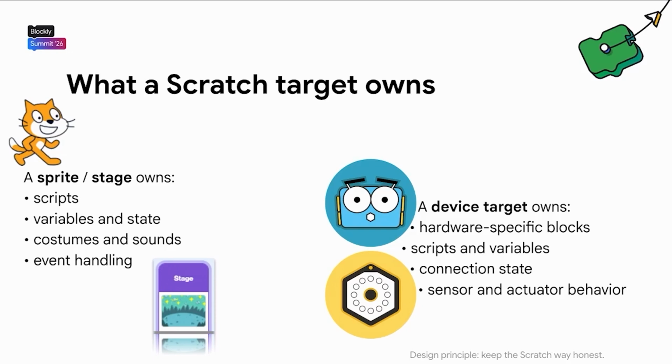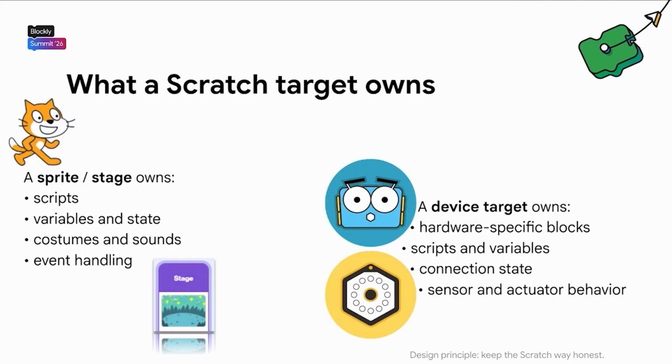Now, that matters because Scratch teaches a local ownership rule, or the object-oriented principle, without making it feel abstract, right? So choose the thing you want to program, reason about that thing, and then write the behavior that belongs to that thing.